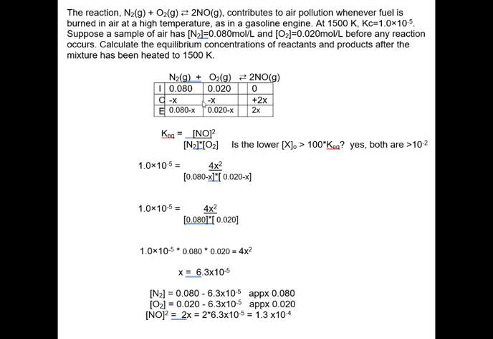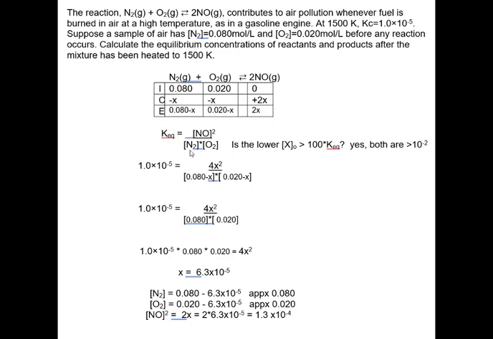There is loss, of course, of the reactants and gain of products, and the stoichiometry needs to be reflected in this line: 2x for the product. Then we carry down the terms from the I and the C lines, showing the equilibrium concentration terms, 0.08 minus x and 0.02 minus x, and then 2x.